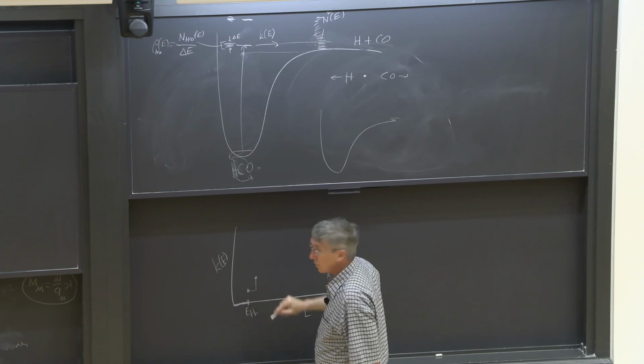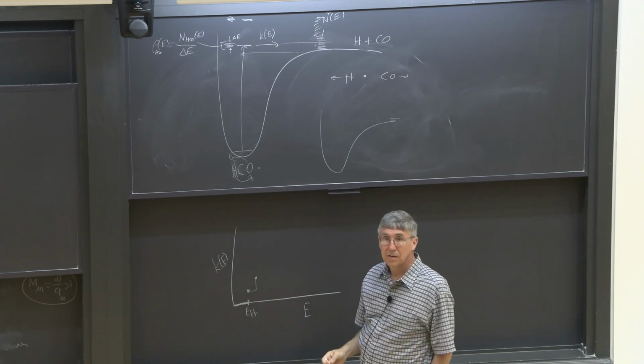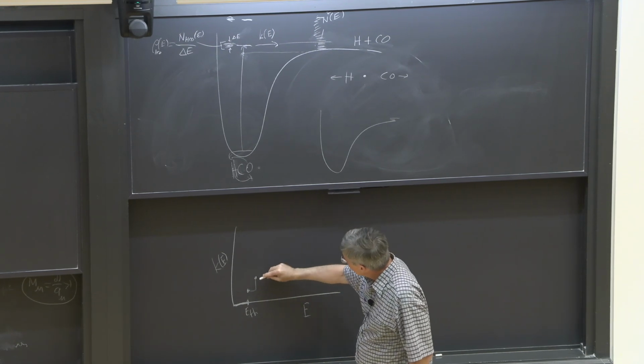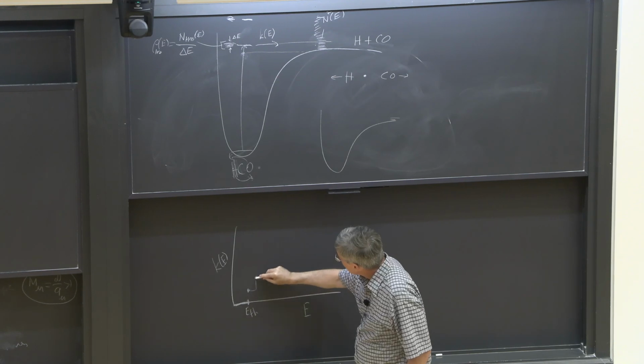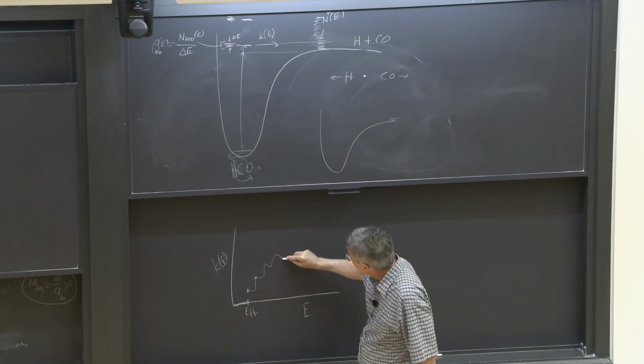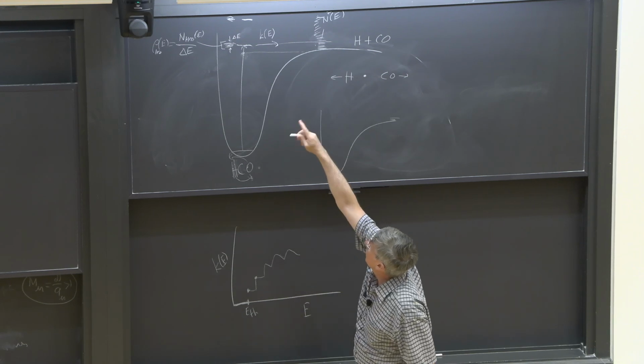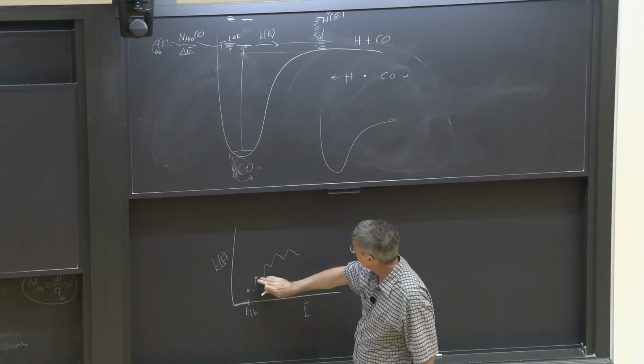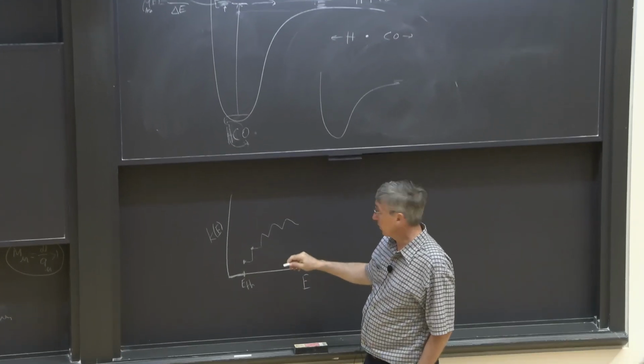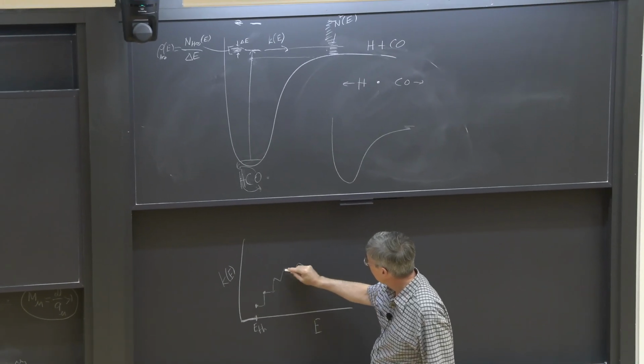So it'll jump up to n equals 2. Does that make sense? And then this will keep going like this, a staircase kind of thing. And it goes down a little bit each time because the rho keeps increasing with energy. So these are not perfectly flat, but basically like this with these steps.